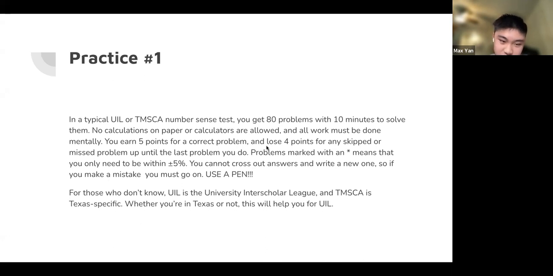Problems marked with an asterisk mean that you only need to be within 5%. You can't cross out answers and write a new one, and if you make a mistake, you just have to accept it. You also have to use a pen, and that's pretty much the rules for this test, and we're gonna try and give you a crash course.